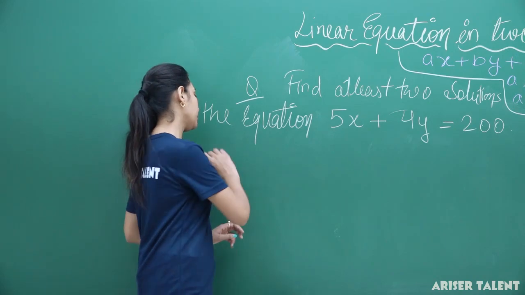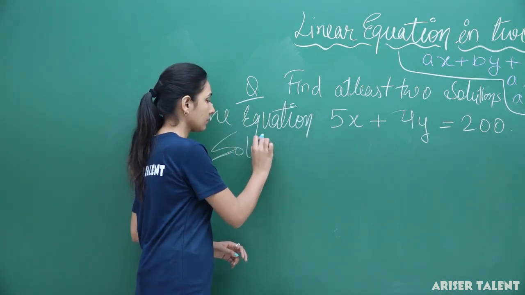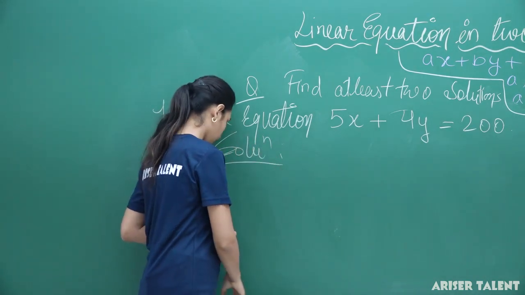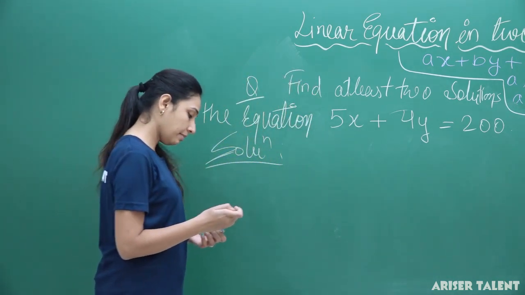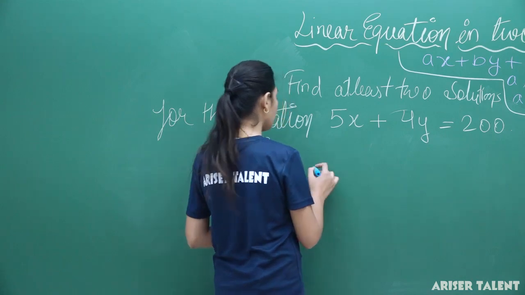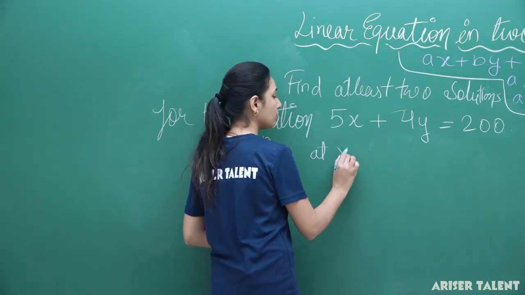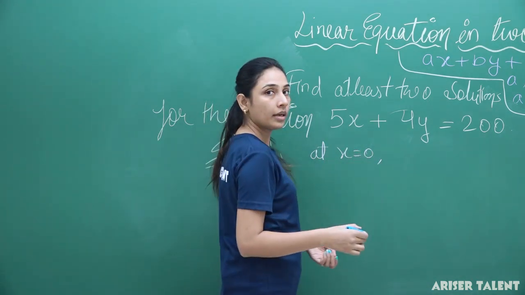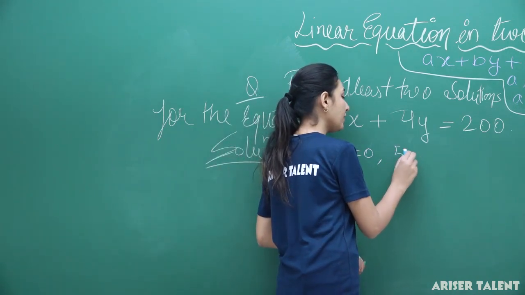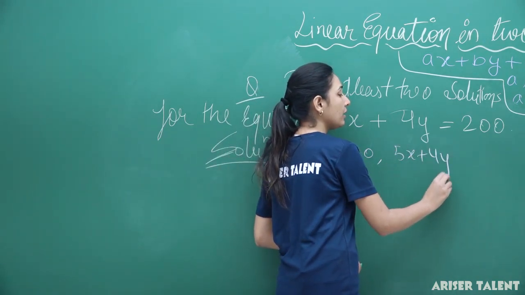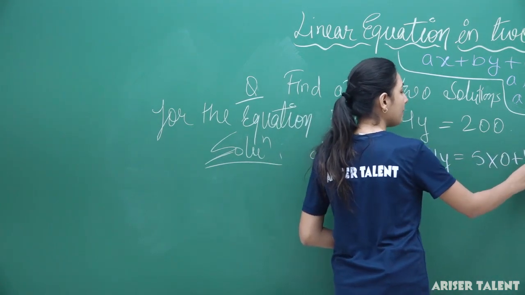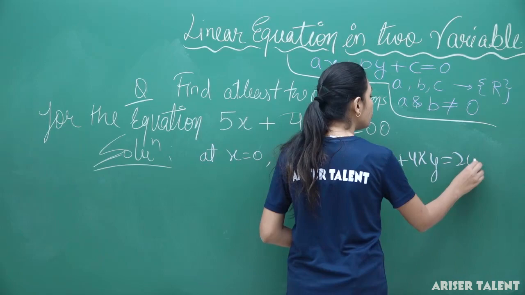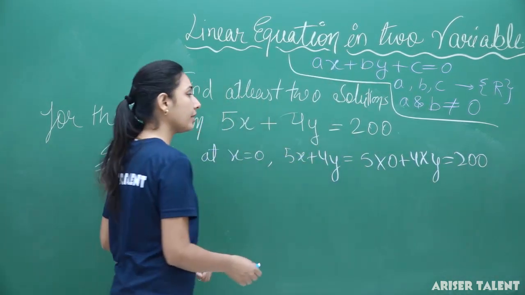So, solution part. How will you solve it? We'll start by putting x equals 0. At x equals 0, 5x plus 4y equals 200 becomes 5 multiplied by 0 plus 4 multiplied by y equals 200.